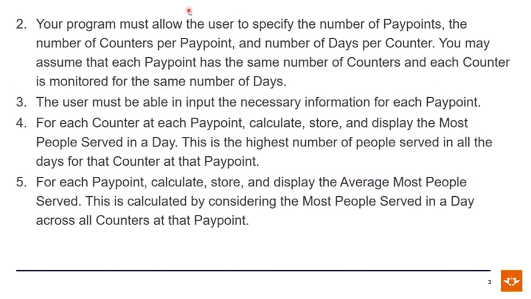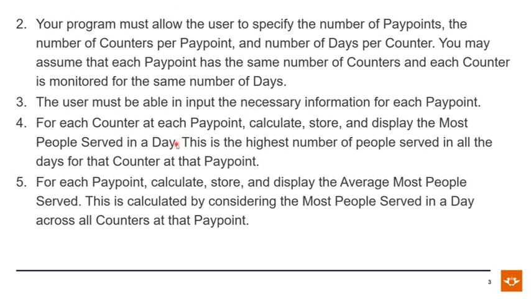No, if you read the question very carefully, you will see that question 4 is where we start displaying, and it says for each counter at each pay point, calculate, store, and display the most people served in a day. That's the first time you display any of your work. So you are displaying the maximum number of people served in a single day for each counter, for each pay point.